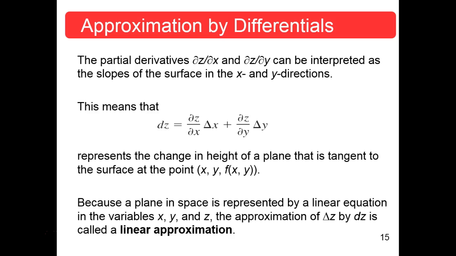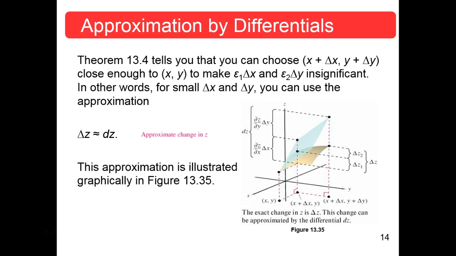Well, maybe not, because the delta z had those epsilons in them, and this doesn't. So I guess that's the difference, okay? But the partial of z with respect to x and partial z with respect to y can be interpreted as the slopes of the surface in the x and y directions. And if you go back here, you see that is what you've got here.